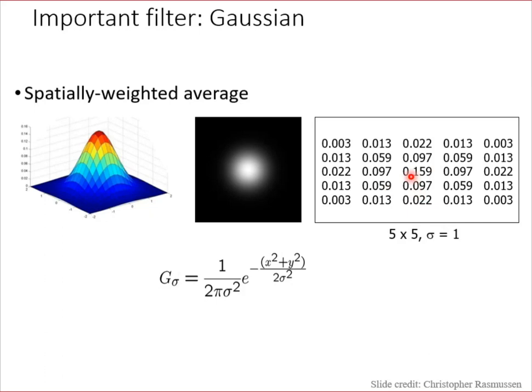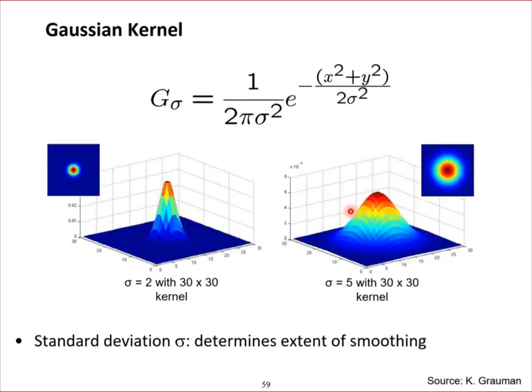If I use a small sigma value, then the distribution of the Gaussian kernel will be sharp and high. And if I use a large sigma value, then, because sigma means the standard deviation, also the width of the kernel, my distribution will be flatter but wider.